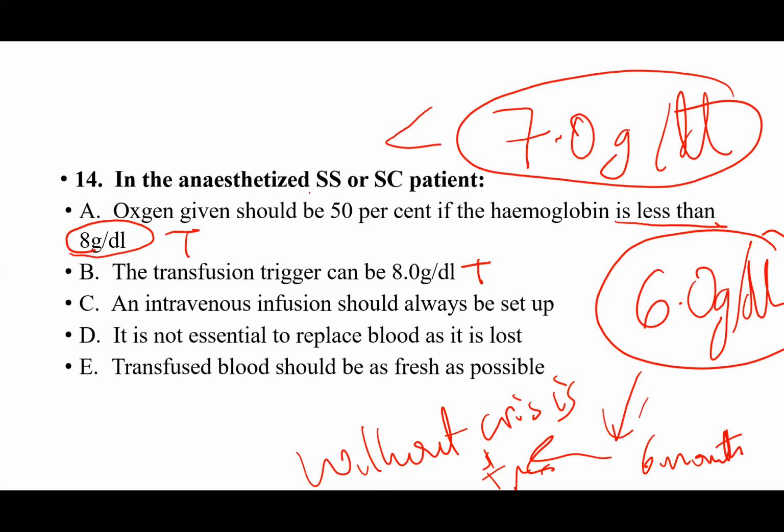Generally 8 grams per deciliter is used, but the WHO has given a standard that when HB falls below 7 grams per deciliter, the patient should be transfused. But this steady state varies between individuals, depending on whether it's a child, neonate, adult or elderly. For children, you transfuse volume by volume.